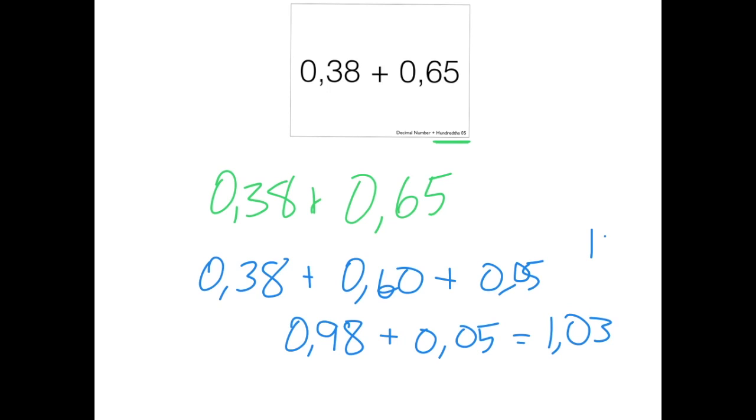Or if you're working in fractional form, 103 hundredths. And it's really, really important that students be able to look at a fraction like this. So we call it an improper fraction because the numerator is larger than the denominator. But what's important at this point is that they recognize that this number is larger than 1.